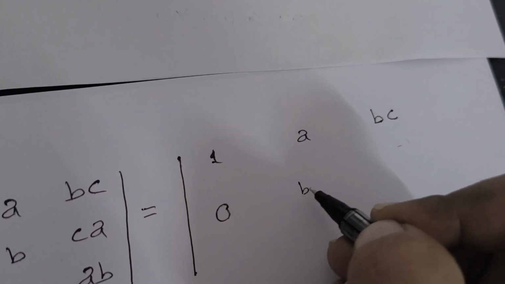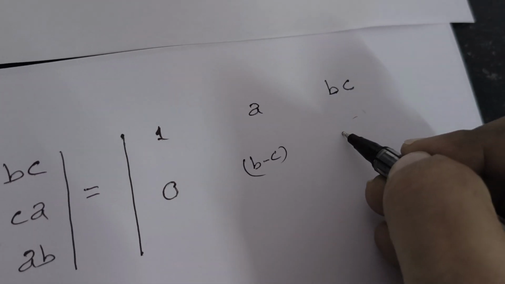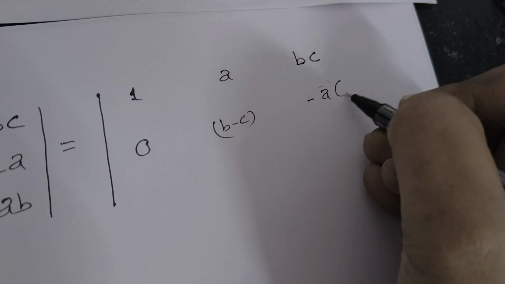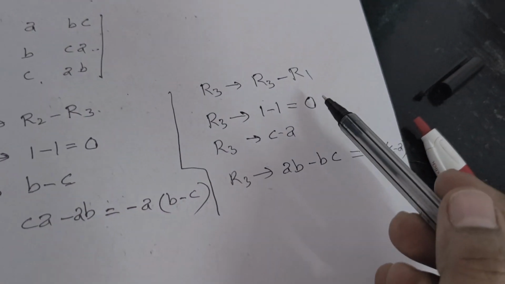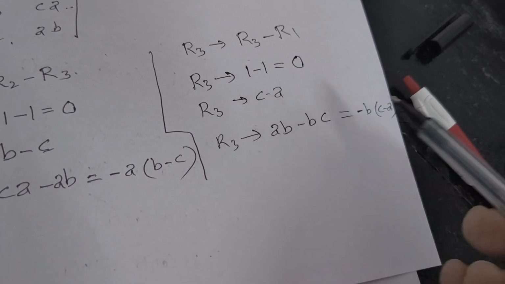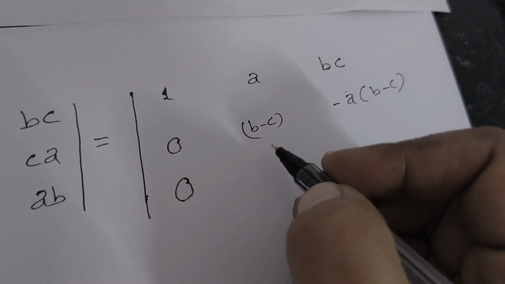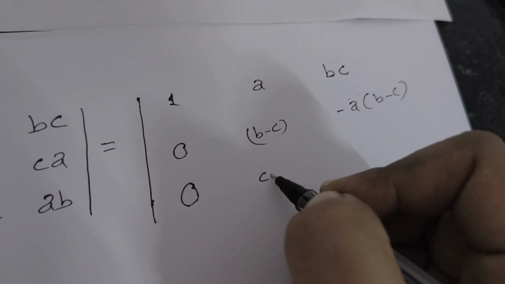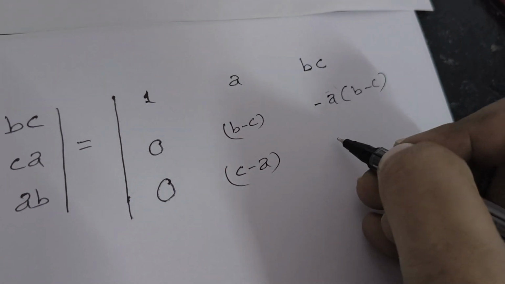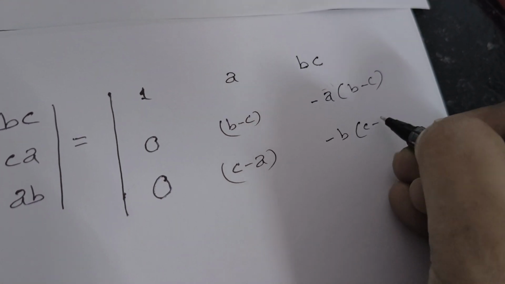Similarly, in the third row we write 0, c minus a, minus b into c minus a.